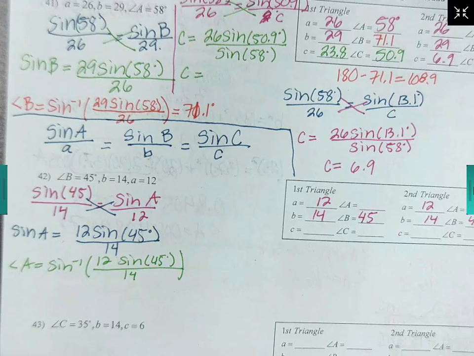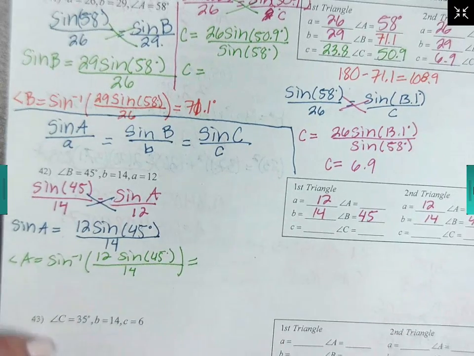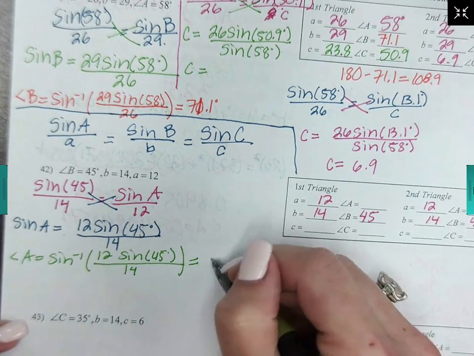Anna, did you see what you did? Okay. Did you put in your calculator everything you see in green? Yes. Did you use the sine inverse? No. Okay. Because when we're looking for an angle, we find an inverse. But I like that when you got that, you knew that you made a mistake, right? Okay. That's what's important. Because you can go back and figure that out. So we got 37.3 degrees.